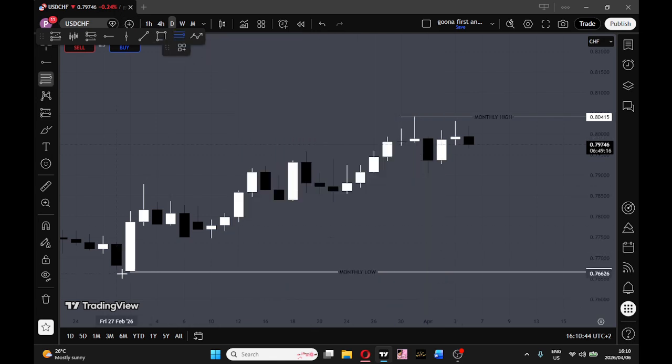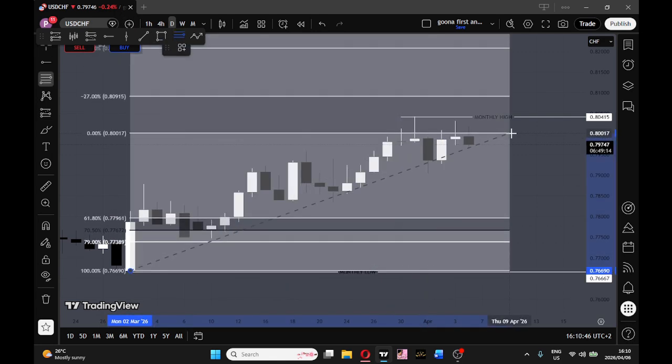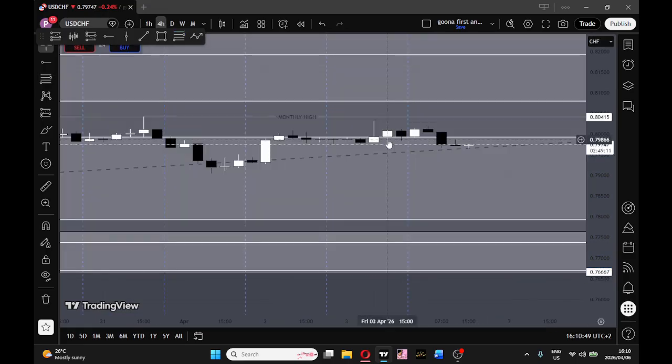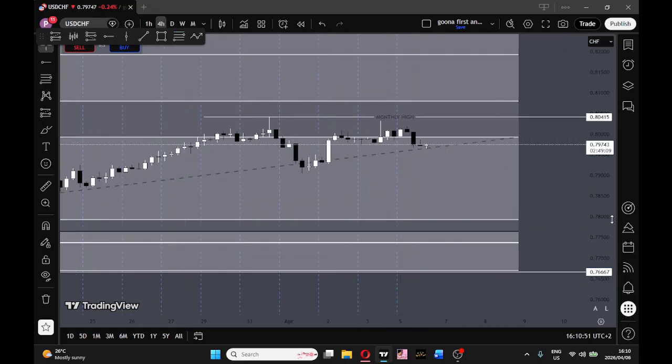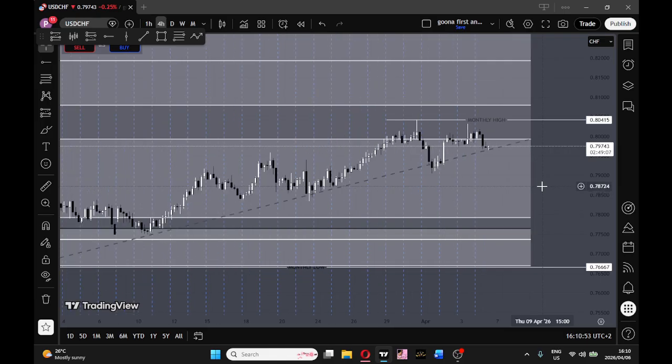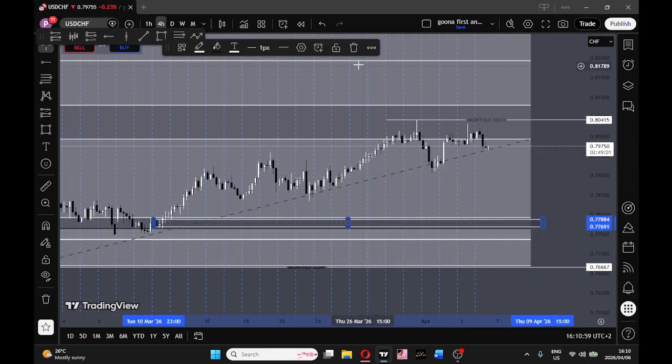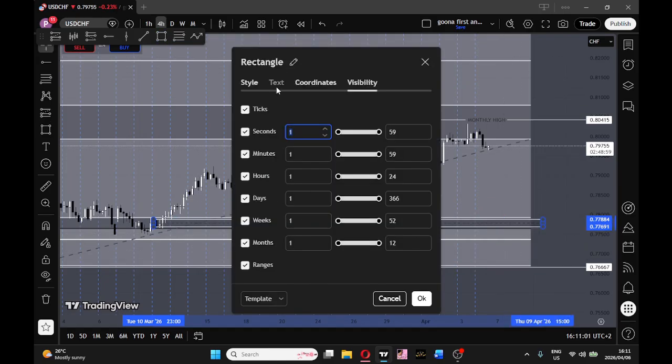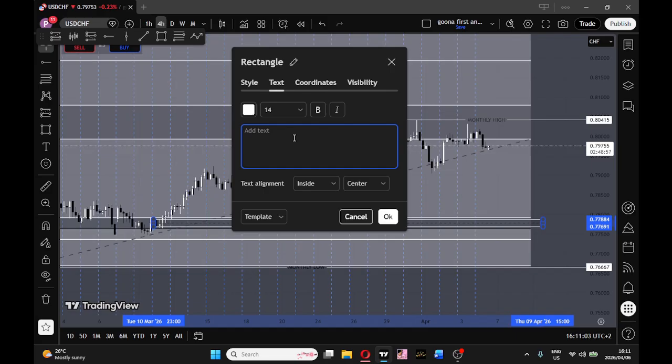Okay, so let's take the fib, let's push it all the way up. Let's go to our entry time frame. So on the 4 hour, we can see this clear order block. That's what we're gonna use as our new point of interest.